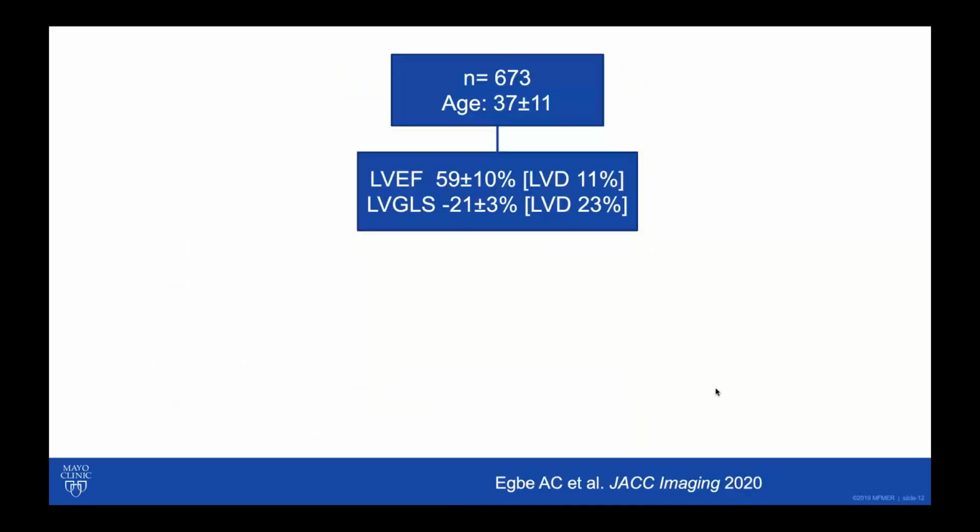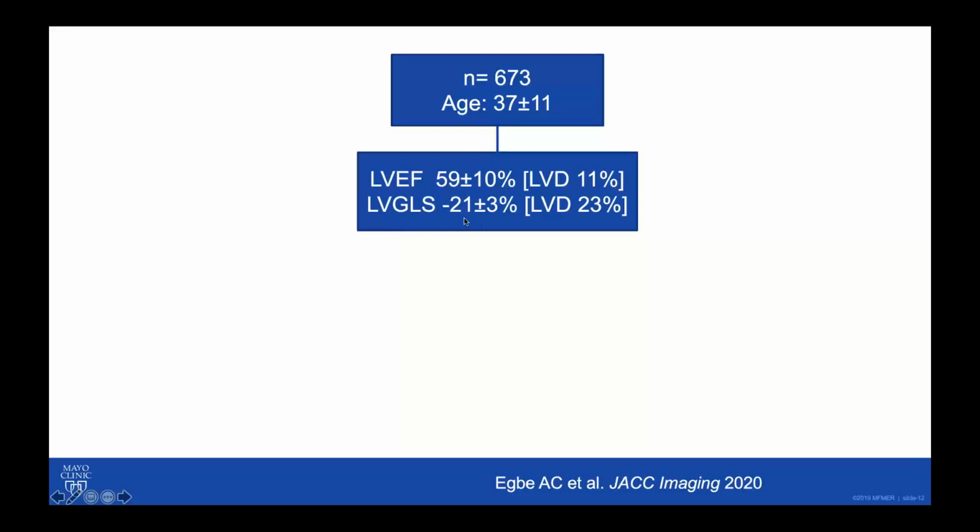So what we did was that we studied 673 patients, and the average LVEF was 59%. And if you apply the ASE criteria for LV dysfunction, 11% will have LV dysfunction. That's the prevalence here.